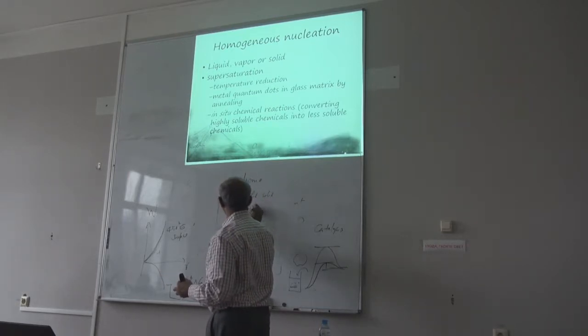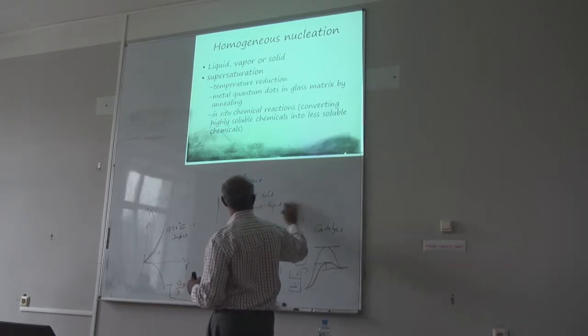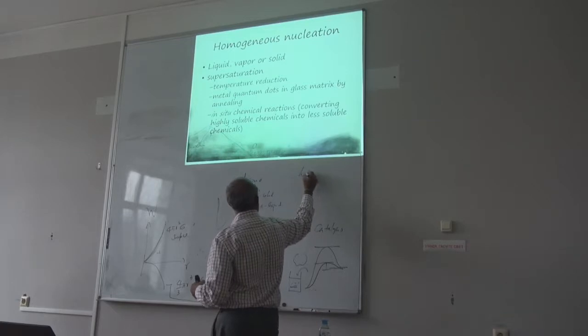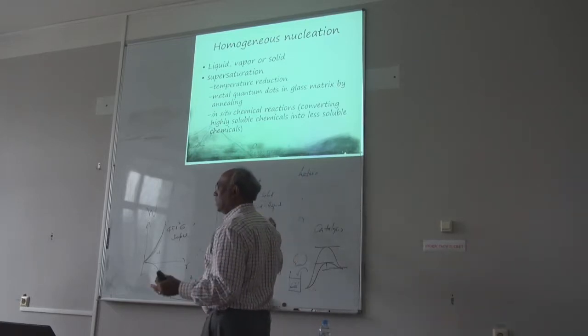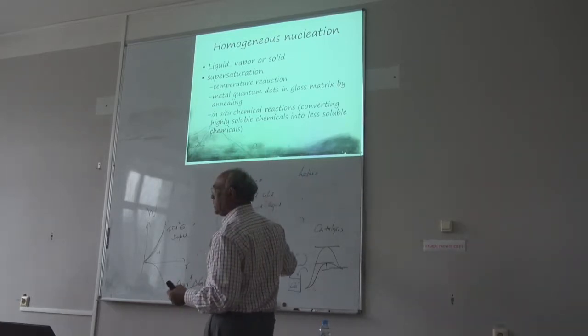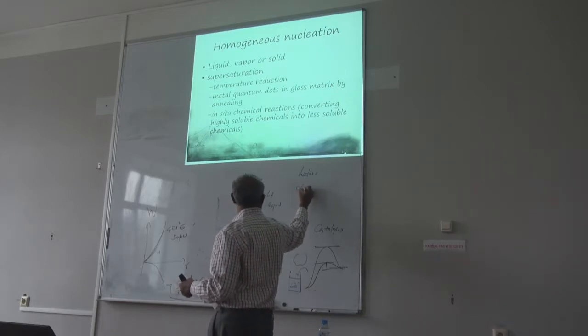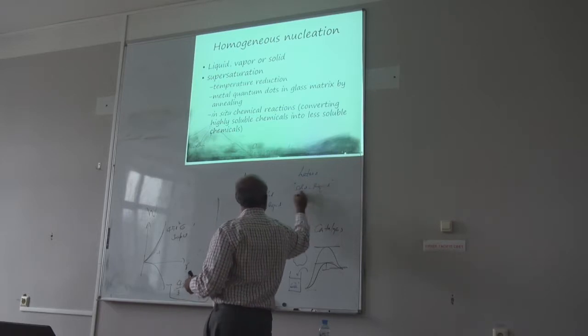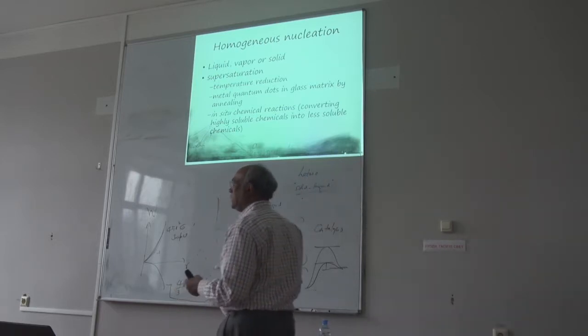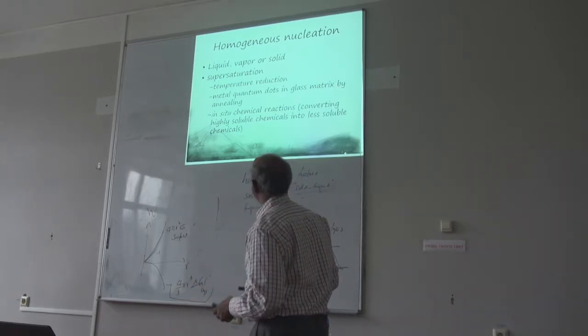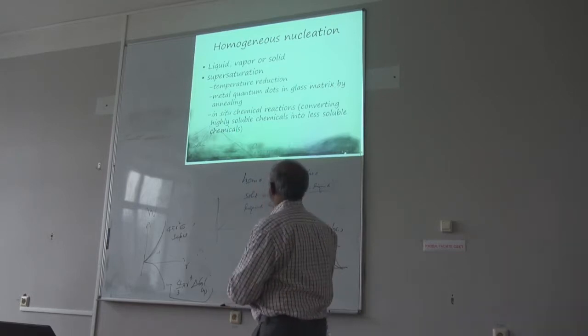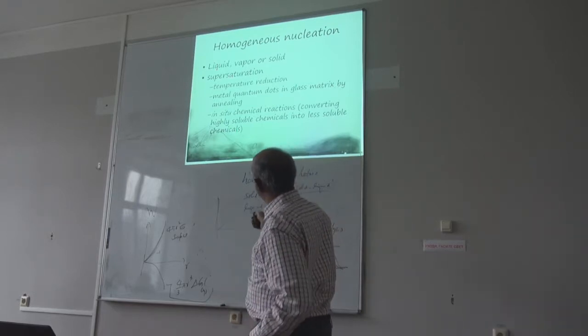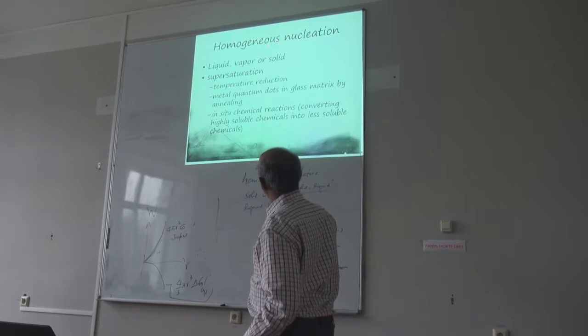If it is liquid, it's liquid in liquid. The other one is heterogeneous nucleation, where you can have solid in liquid. So this is what homogeneous means: either all liquid, all vapor, or all solid.